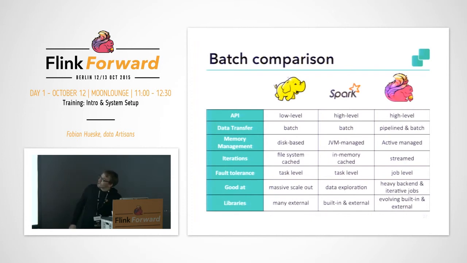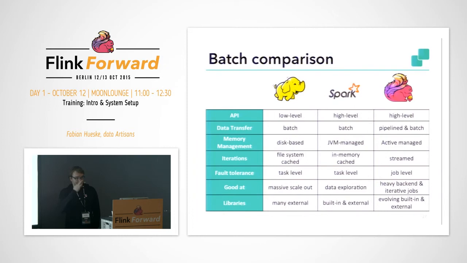But overall, this compares the different batch alternatives. From an API point of view, whoever used Apache Hadoop knows the MapReduce API is rather low level, whereas Spark and Flink come with high-level APIs which provide you with operations such as joins. Just to highlight a few things, like the memory management: Hadoop is very disk-based, so a lot of data is written to disk.